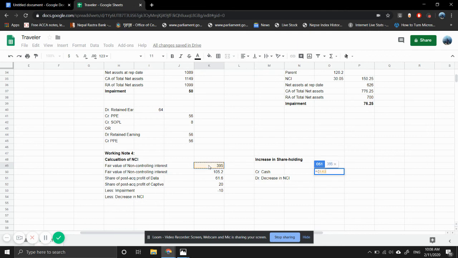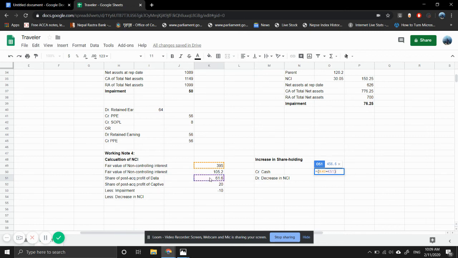It's this figure plus this figure, right? So that's our total net assets for data only, as of the year end, right?